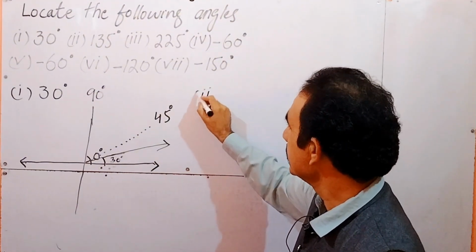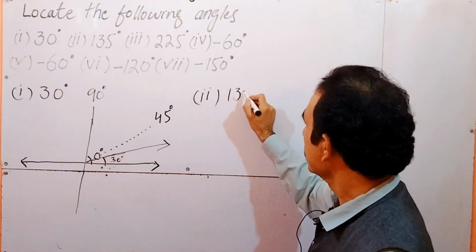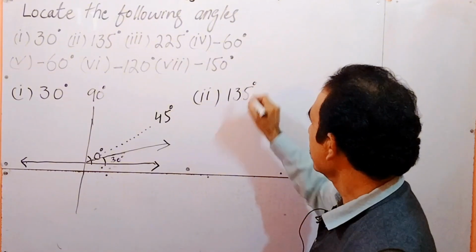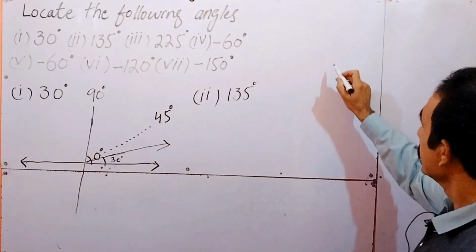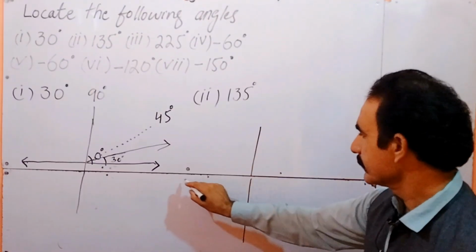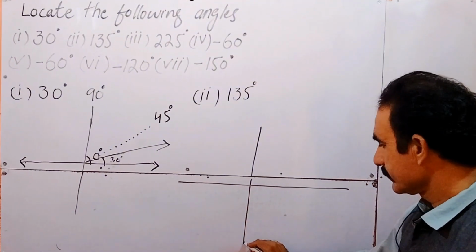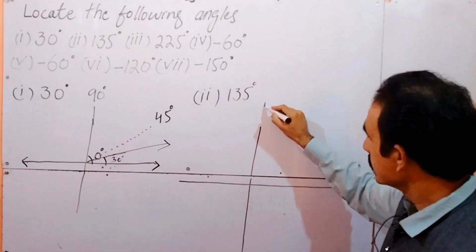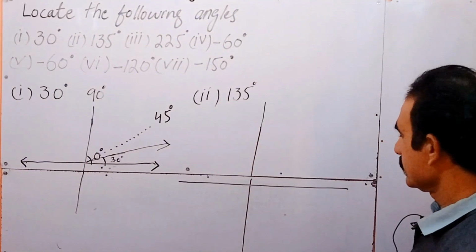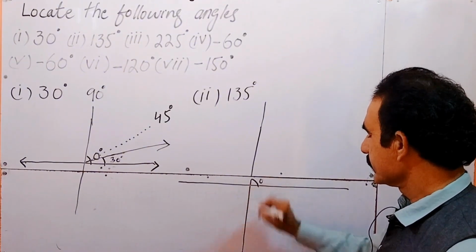Number 2, we see another example, 135 angle. We draw here axis. Angle 0.